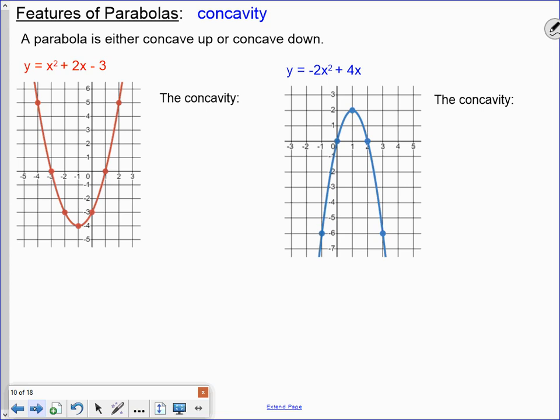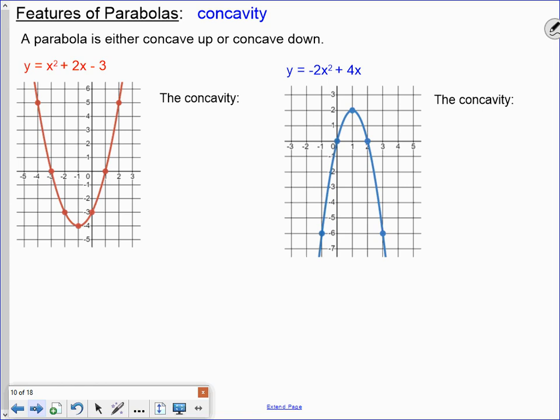So our next point, you can see the big difference between our red parabola and our blue parabola is that our red one starts at the top, goes down, and goes back up again. Our blue one starts at the bottom, goes up, and then goes back down. So they're like mirror images of each other. This is a feature of parabolas that is called the concavity.